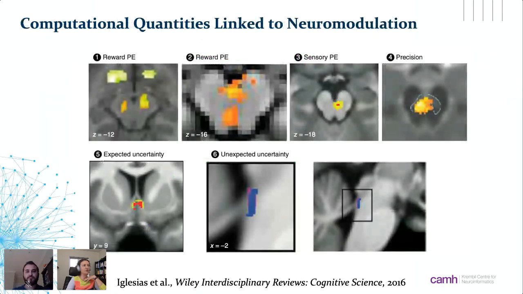Previous studies have used similar models, particularly reinforcement learning models, and have associated these quantities, the prediction errors and the inverse of precision, which is uncertainty, to specific regions in the brainstem, such as the dopaminergic midbrain for reward prediction errors, the sensory precision in the same region, expected uncertainty in the basal forebrain, and unexpected uncertainty in the cholinergic locus coeruleus.